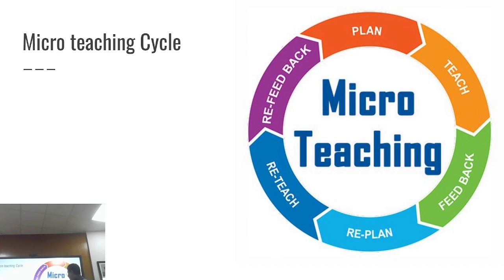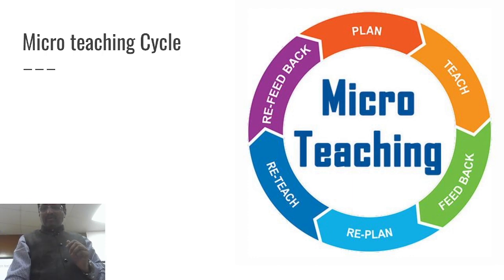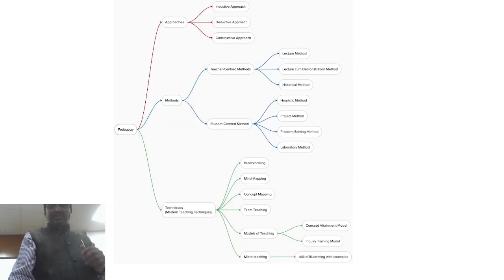Based on feedback, you replan your teaching. After replanning, reteach again for 5 minutes, and re-feedback. This is how the entire micro teaching goes. For planning, no time is given. You plan your lesson before coming to the classroom. But in the classroom, within 30 to 36 minutes, the entire teaching completes. So this is called micro teaching. It is very much important.